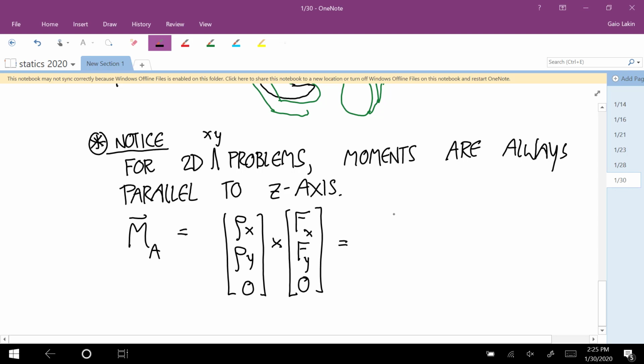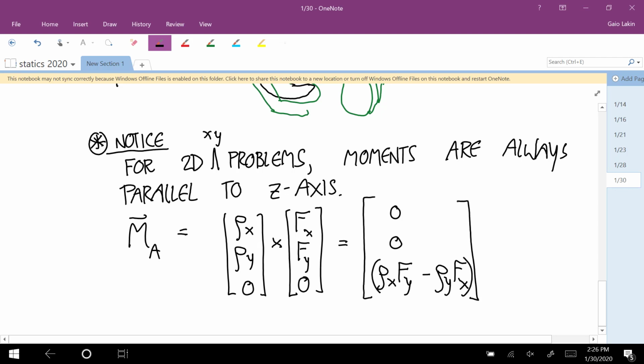The answer is 0 for x, 0 for y, and then rho x fy minus rho y fx. So if rho and F are both in the xy plane, the only non-zero component you can get for your moment is z.